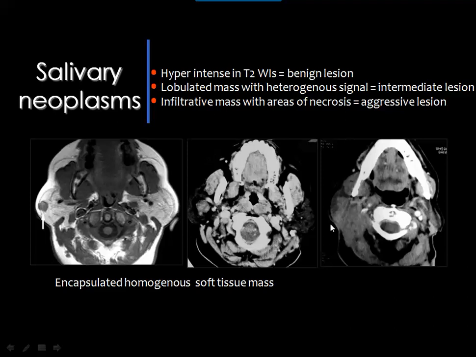Also, in T2 weighted images, if you can see the lesion hyperintense, then it contains more water, then it is more to the benign side. Then a lobulated mass with heterogeneous signal may be benign or malignant. An infiltrative mass with areas of necrosis is suggestive of a malignant lesion.